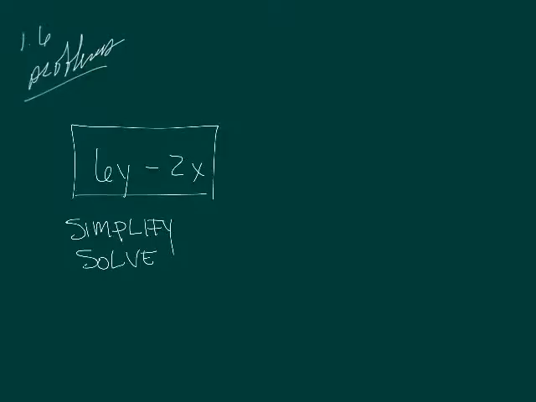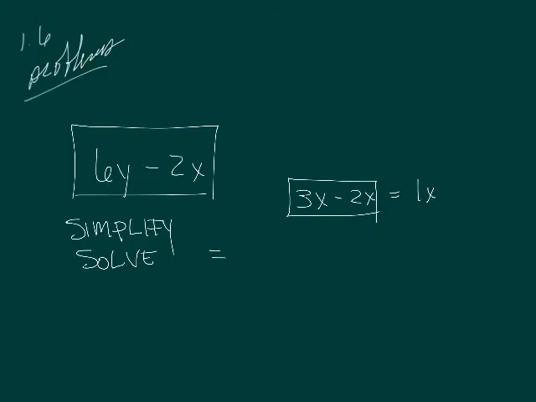So you solve things with equal signs, you simplify things with no equal signs. So 3x minus 2x equals 1x. We simplified that. We didn't solve it.